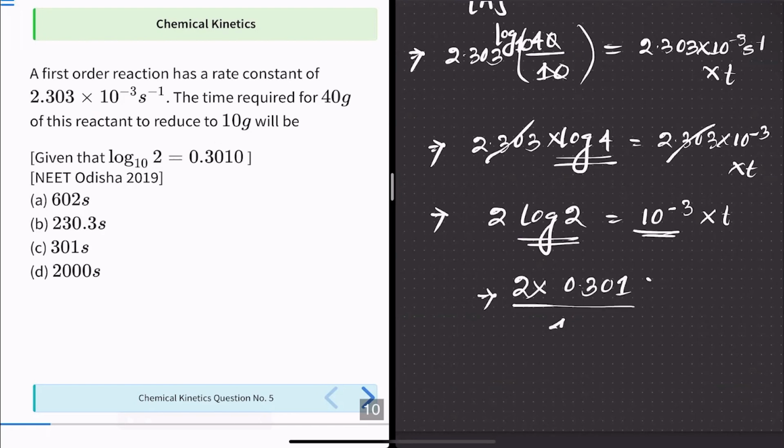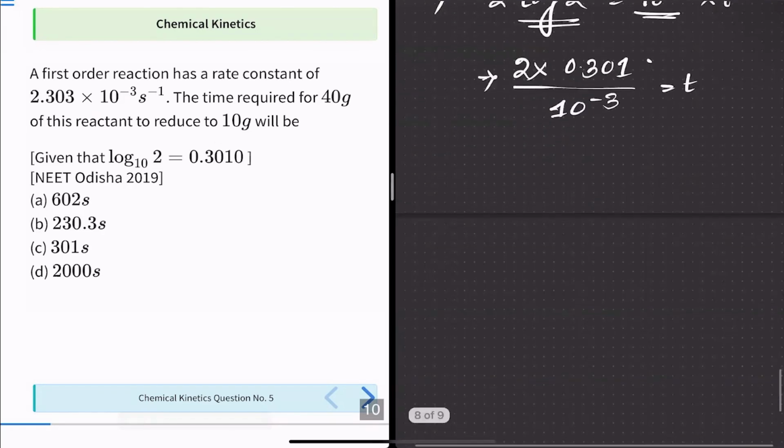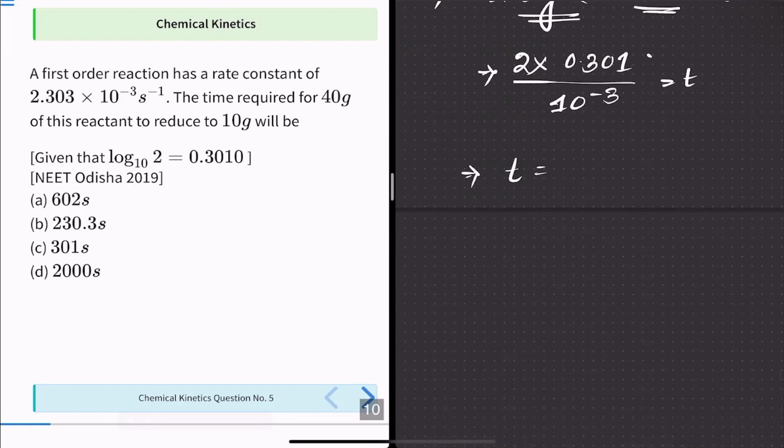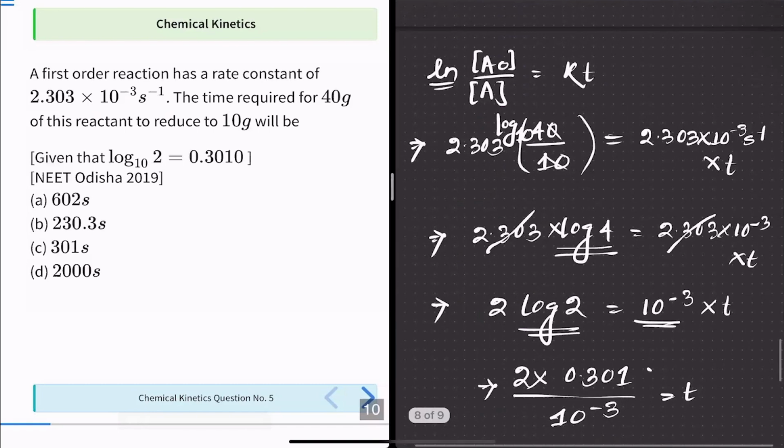And then dividing by 10 to the power minus 3 gives the time. So the time is 602 seconds. So if you have to calculate the time, simply remember this equation. You'll simply get the answer.